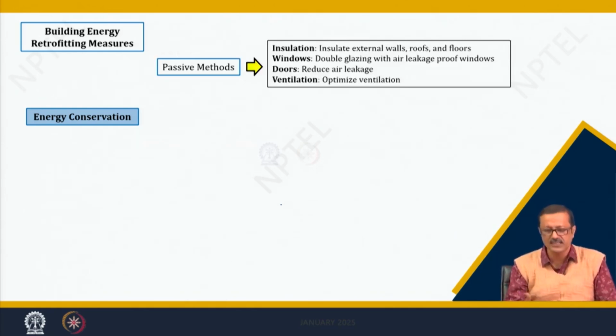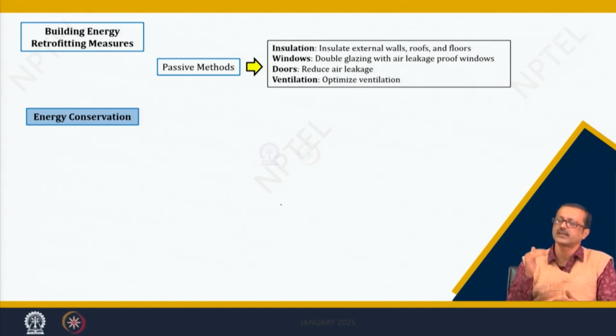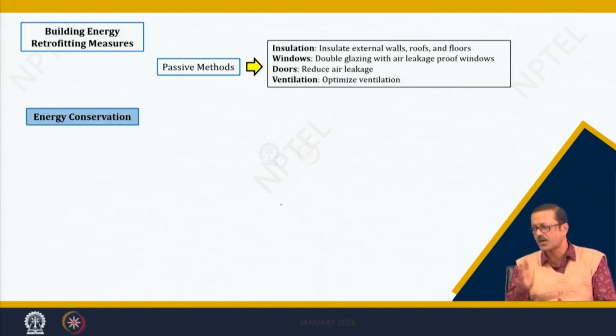One is called the passive method, where I can go with the insulation, I can insulate the wall, I can insulate the roofs, I can go with some kind of double glazing in the windows, I can stop the air leakage from the windows and the door.